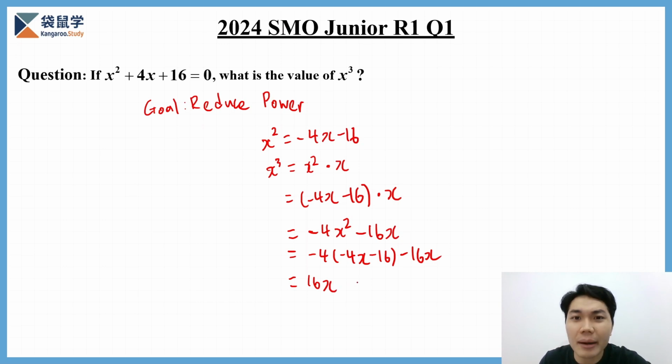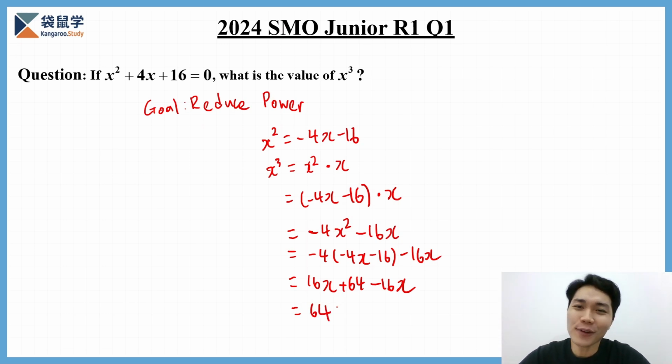And negative 4 times negative 16, we get positive 64. And we have a negative 16x here. And 16x minus 16x, like terms, we are just left with 64. And voila, we have solved the question. Wow, so fast and efficient.